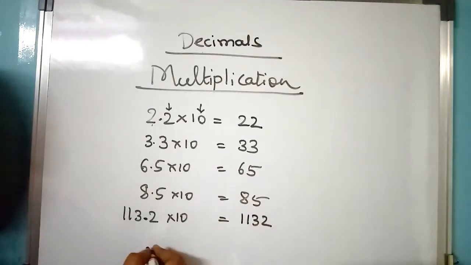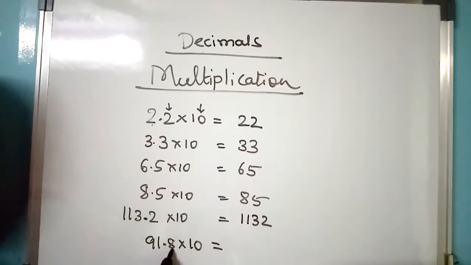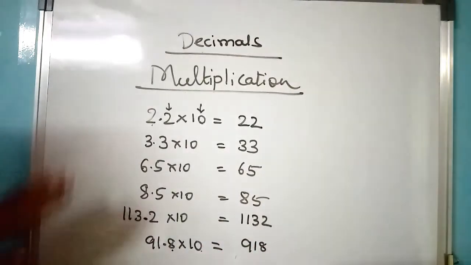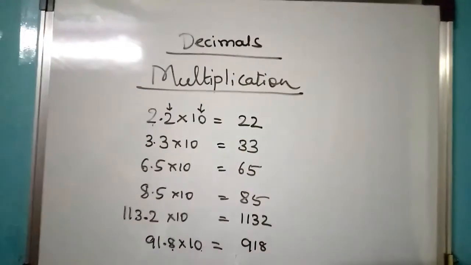Okay, similarly you have 91.8 into 10 is equal to, so as 10 is there, one place we have to shift the decimal to the right side, so 91 became 918. Okay, in that way when we multiply by 10 we get such numbers.